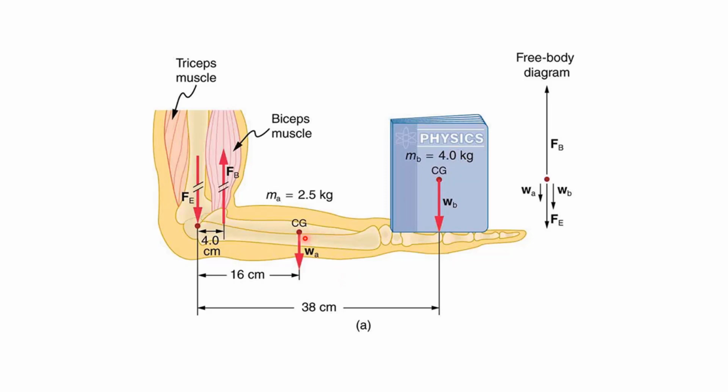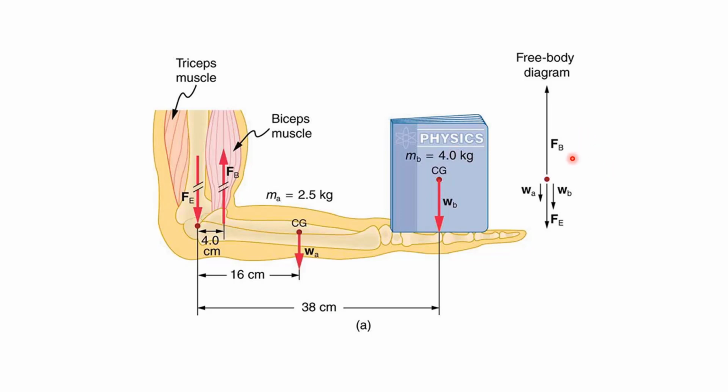And of course there is the weight of your body part. It is given here as 2.5 kilograms. And it is acting on this gravity center, which is given to you as 16 centimeters, and the length from your elbow, from your joint, is given as 38 centimeters.